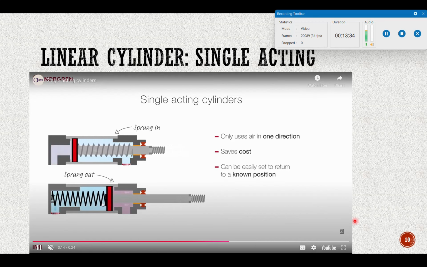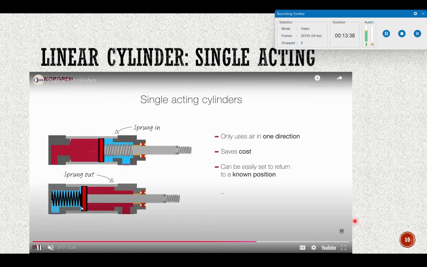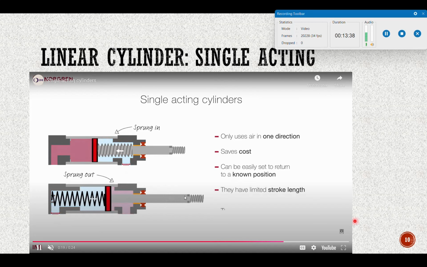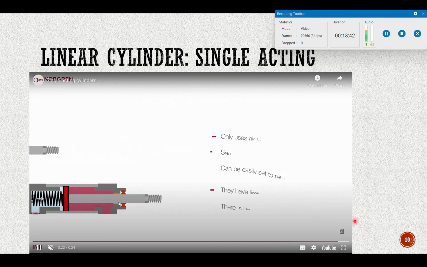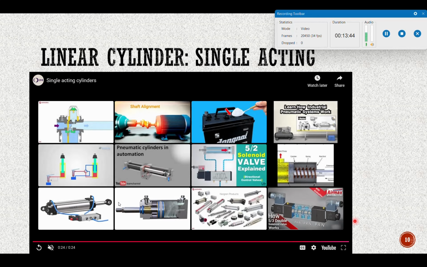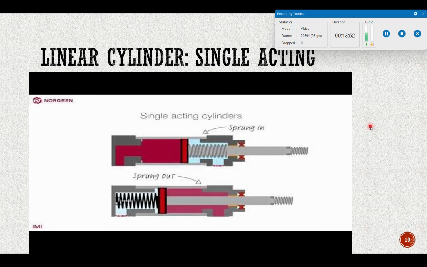This one is normally extended, so when there's no air applied to it, it is extended. So there are two types.